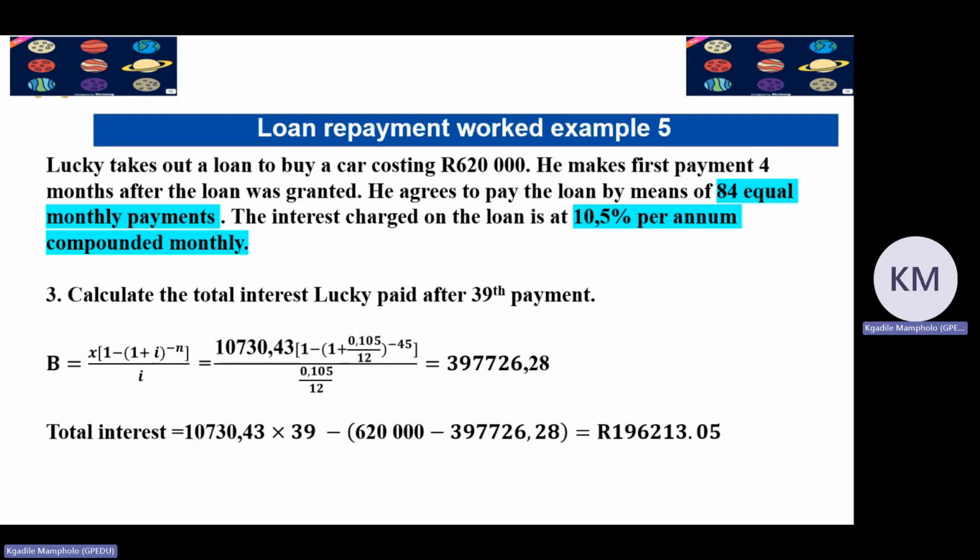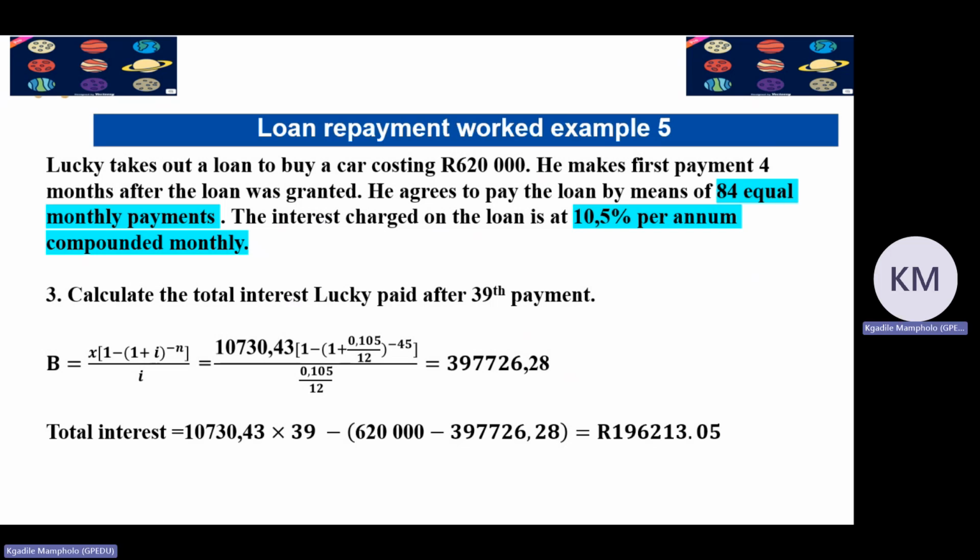Then your X would be the monthly installment that is calculated in number one, and the N will be the time remaining.